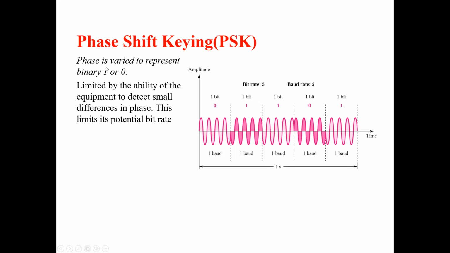It is limited by the ability of the equipment to detect small differences in phase. This limits its potential bit rate, in which the sine and cosine inputs of a radio wave vary at a specific time, altering the phase of the carrying signal.